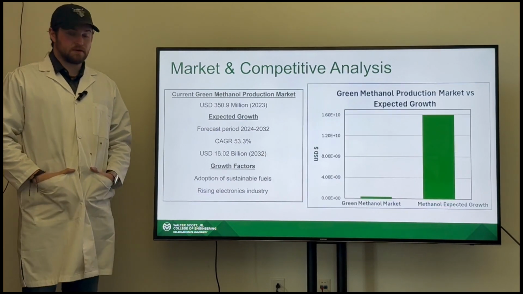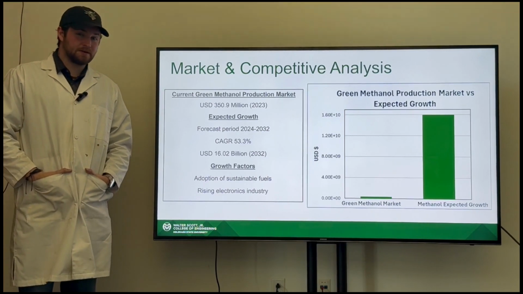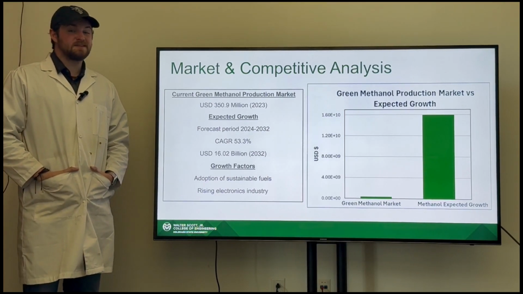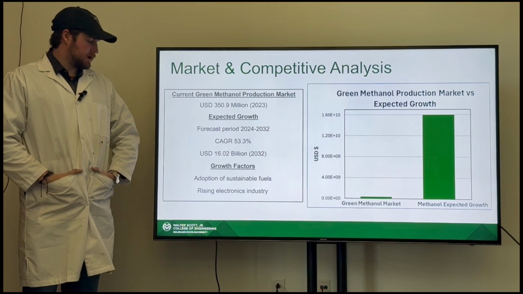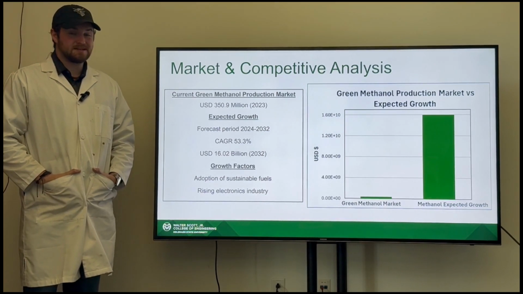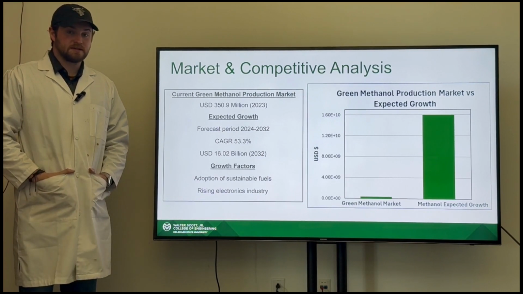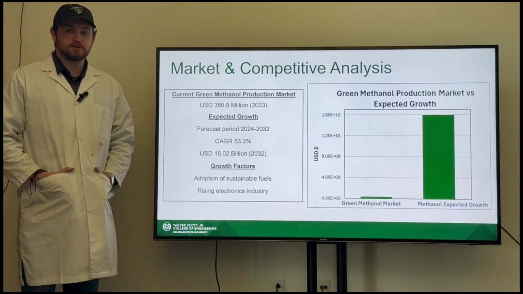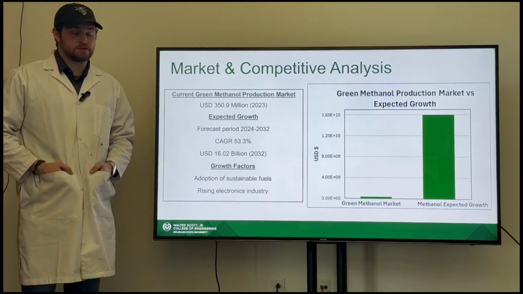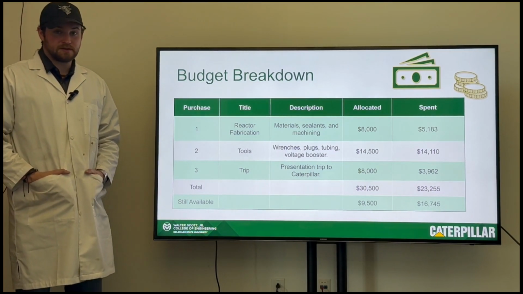Moving into the green methanol production, currently the market sits at about $351 million, compounding at 53% over the next 8 to 10 years, and is projected to be $16 billion by 2032. A lot of the growth factors for this are very similar in terms of sustainable fuel use, but also an increasing use in electronics.